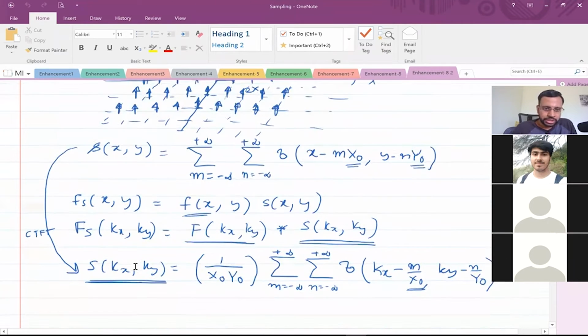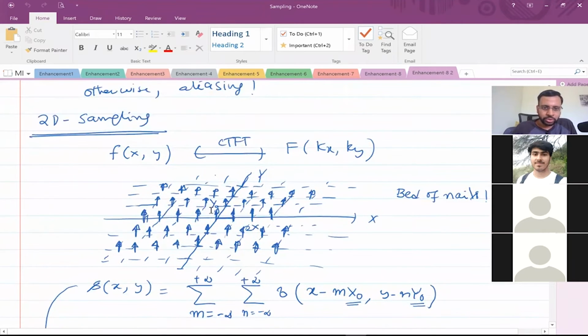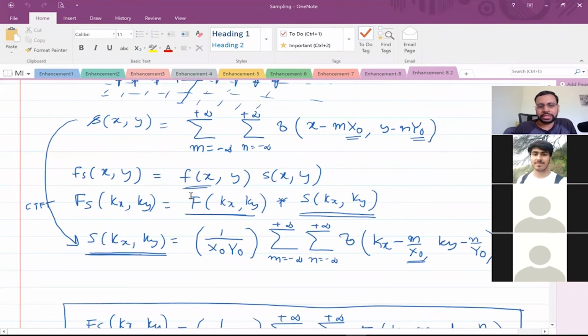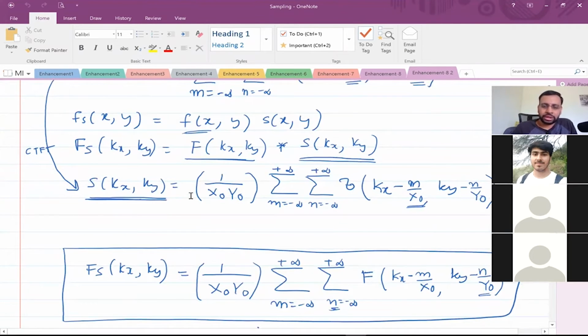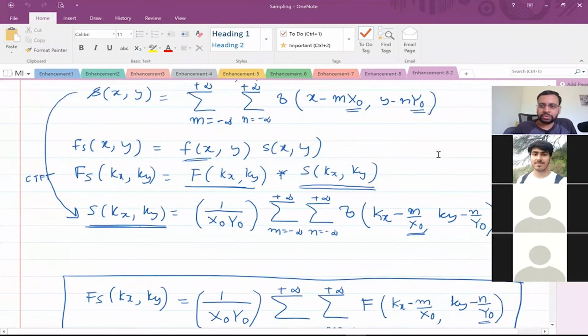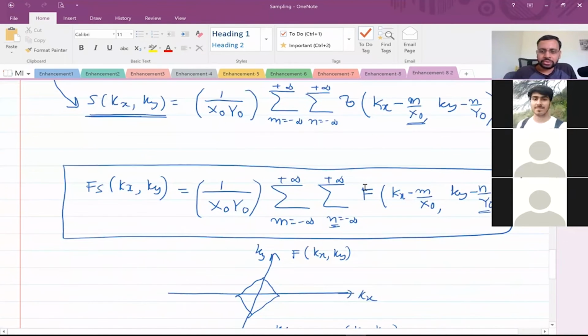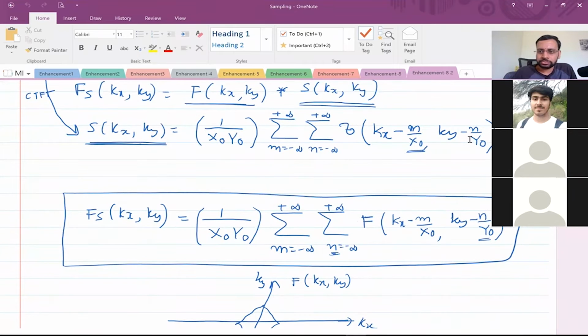So in order to get the samples, you are going to multiply here, the same story. Now you are in the Fourier domain, so it's equivalent to convolving it there. So again, it would keep copies of it the moment you are convolving it.